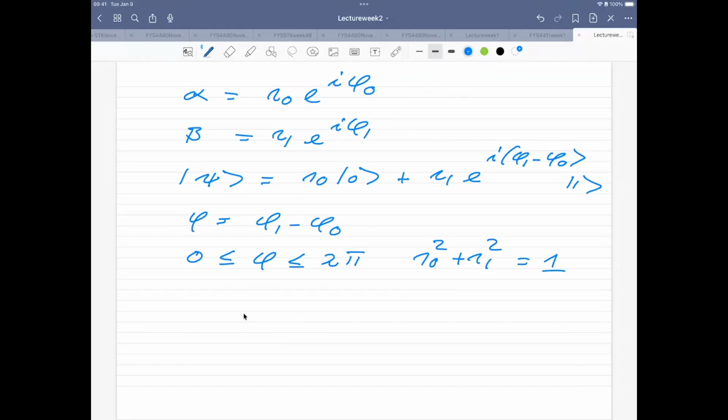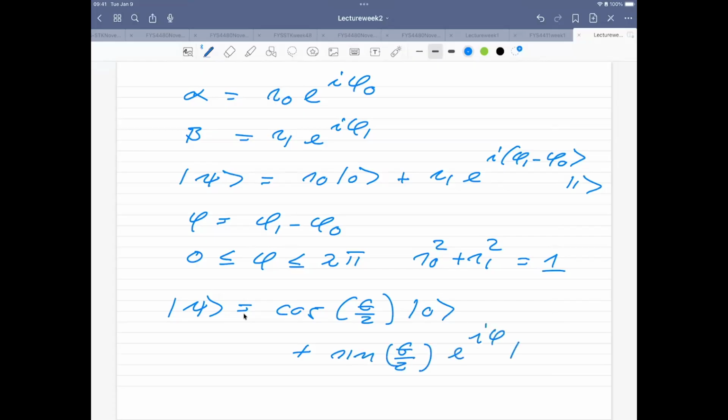Then you can actually rewrite this in terms of the angles. So we have psi, and this is given by cosine of theta half, where I'm just going to explain what the angles are, times 0, plus sine of theta half times E of I of phi times 1.